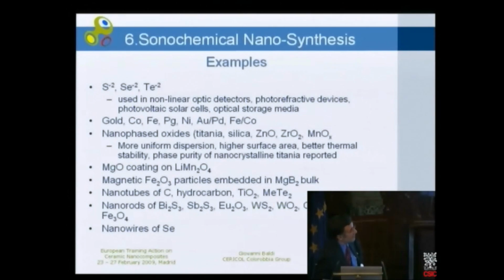In this case, it is very interesting and very simple. It's not so difficult. We can obtain nanophased oxides, titania, silica, zinc oxide, and zirconia, and so on. We can obtain also magnetic nanoparticles.